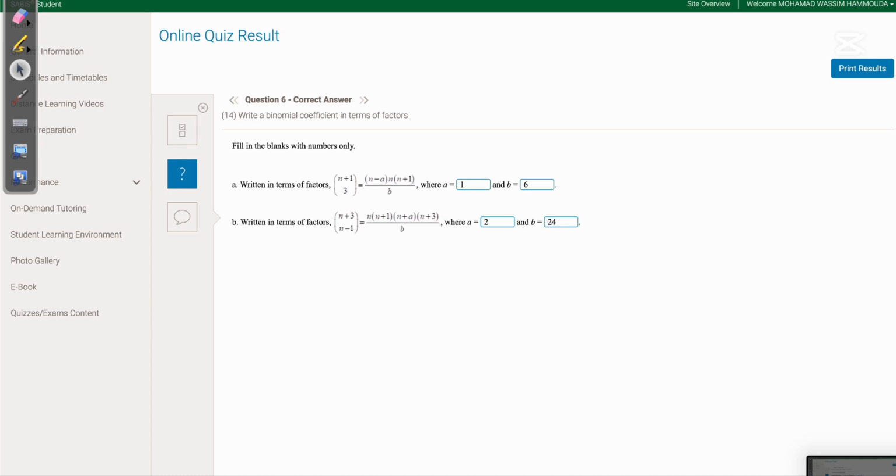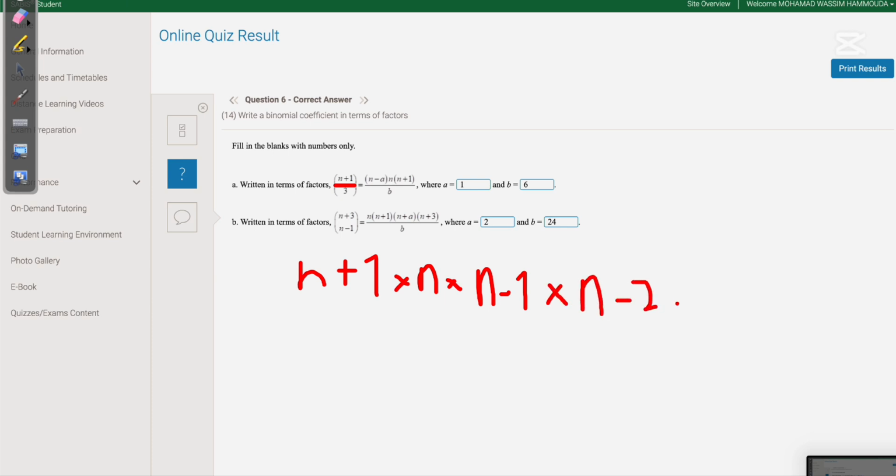So let's start with the numerator first. Factorial of n plus 1 would be n plus 1 times n times n minus 1, and then times n minus 2 as well, and so on and so forth. Let me just put these in brackets.